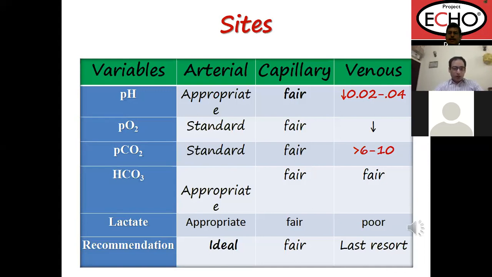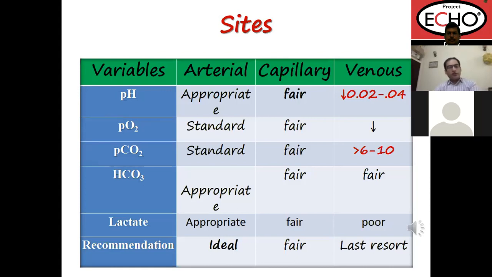Now, the good point about the venous sample is that it is easier to access as compared to the artery. It is less painful. However, the values are not as accurate as arterial. A venous sample is good for bicarbonate and pH. However, a venous sample should never be relied on for oxygen.